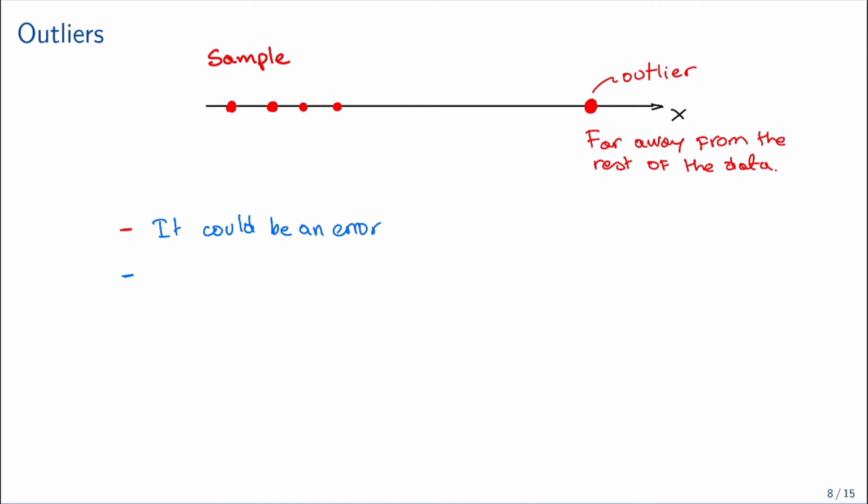Second, always analyze why we have the outlier. And finally, do the analysis with and without the outlier.